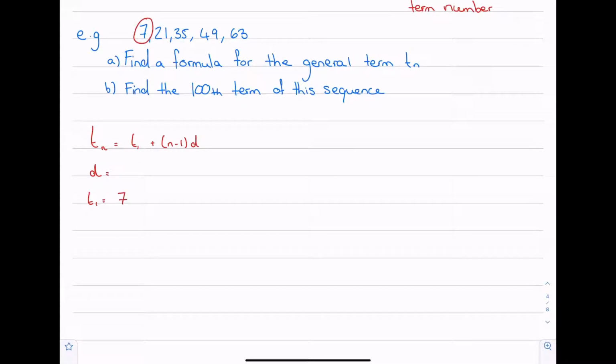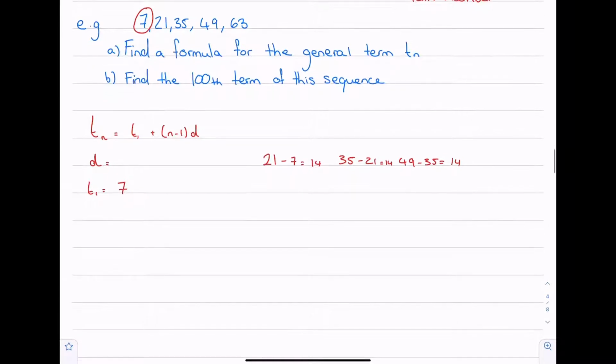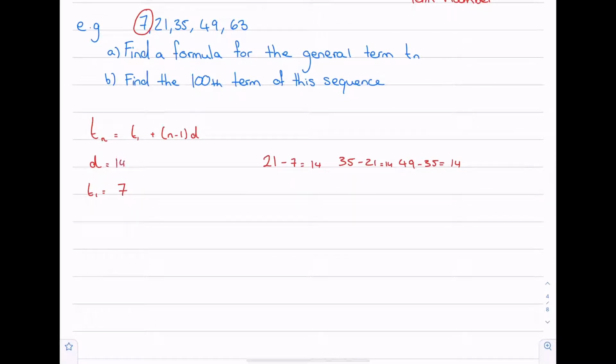And for the common difference, we do a few quick calculations: 21 minus 7, 35 minus 21, 49 minus 35, and you should find they all equal 14. So D is 14. The formula for the general term is Tn equals 7 plus n minus 1 times 14.